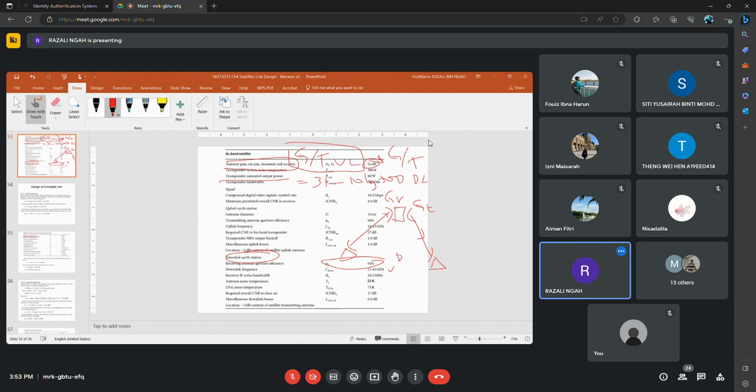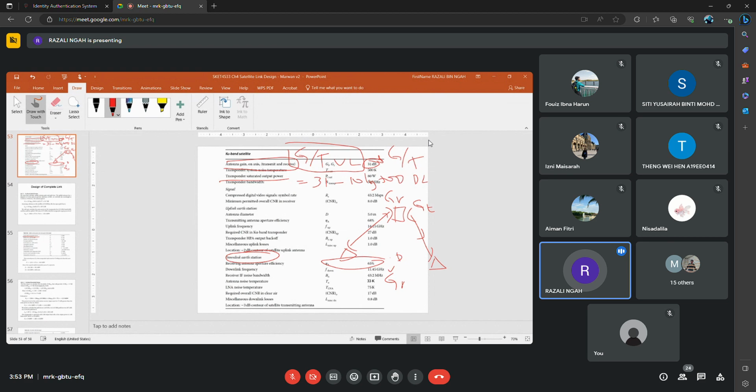Then from that you can determine GR for downlink. So from this slide, you need to calculate.